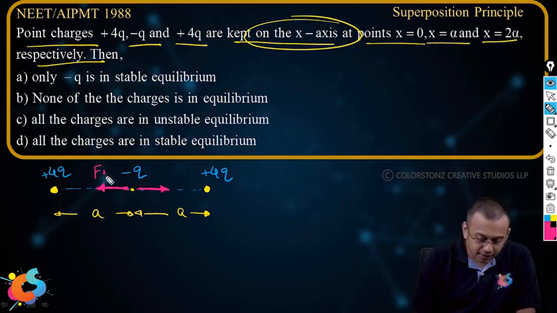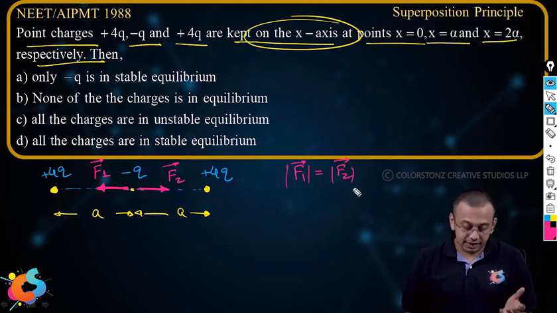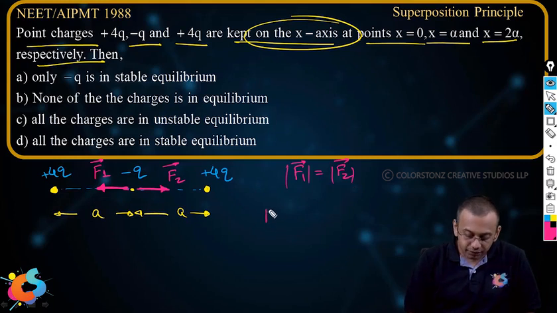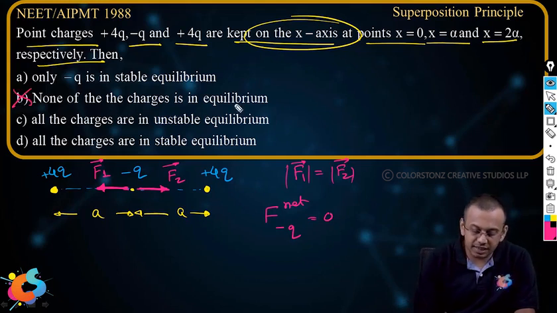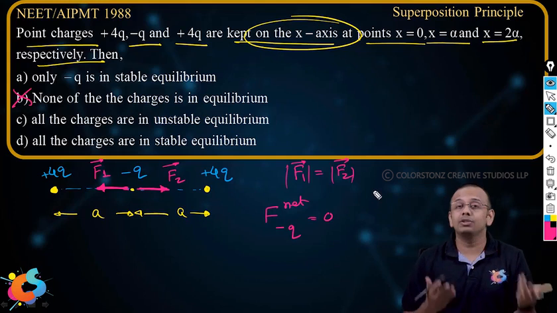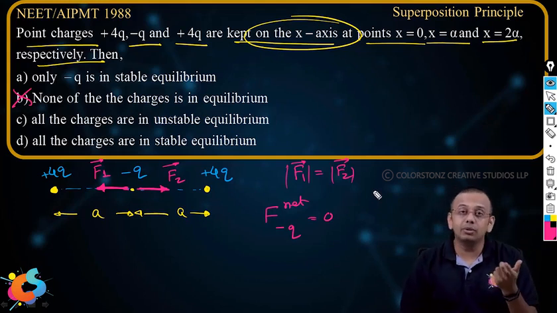If I call this F1 and this F2, then F1 and F2 will have equal magnitudes. Since they are in opposite directions, the net force on the minus q charge is definitely going to be 0. This directly eliminates option B, which says that none of the charges are in equilibrium. Minus q is definitely in equilibrium.